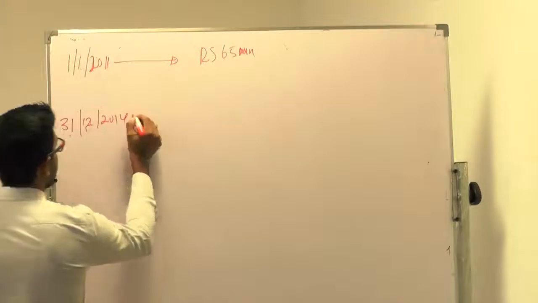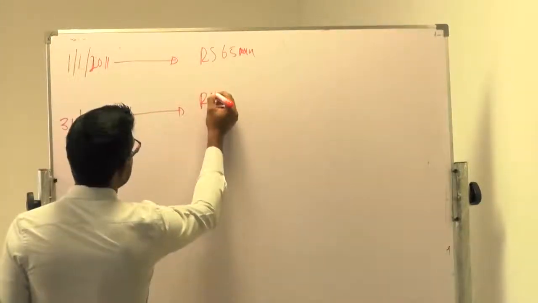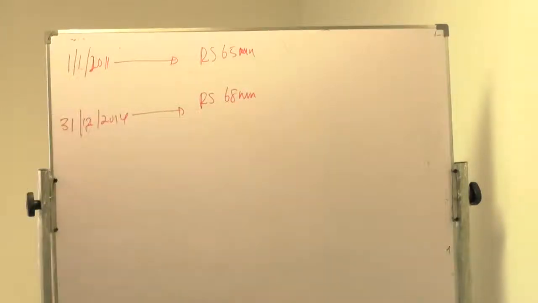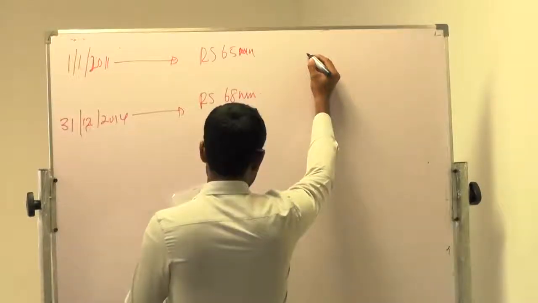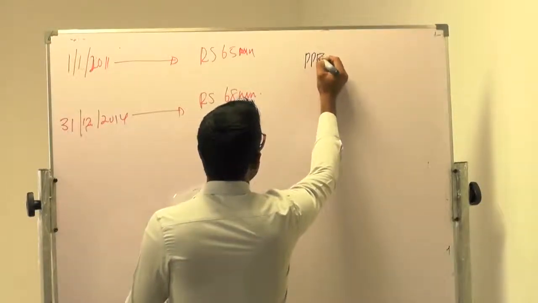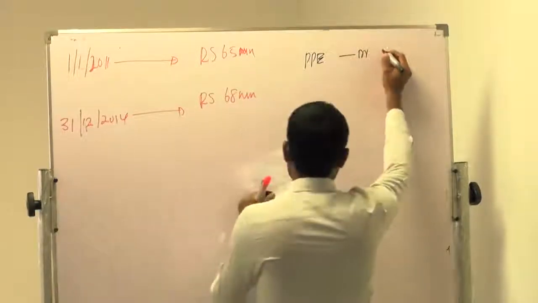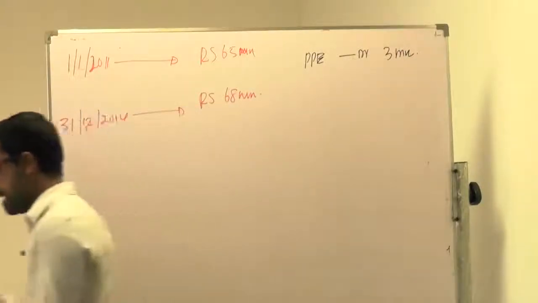Don't worry, no depreciation. Why? It's a land. So then you have a revaluation surplus. What is the double entry? Property, plant and equipment, asset value has been increased, debit 3 million.